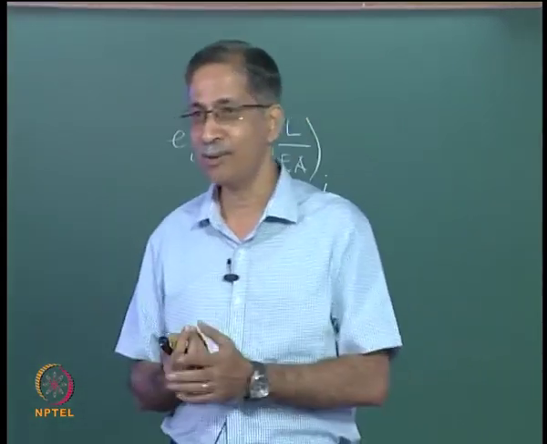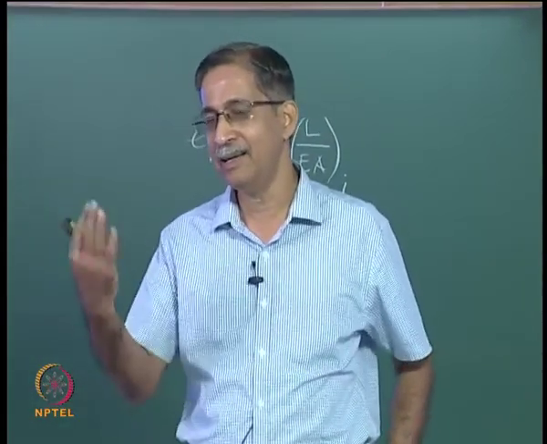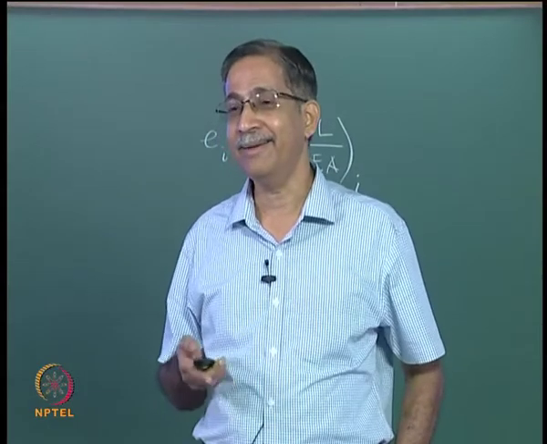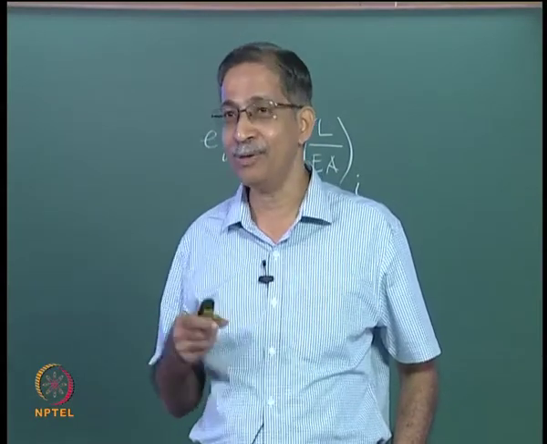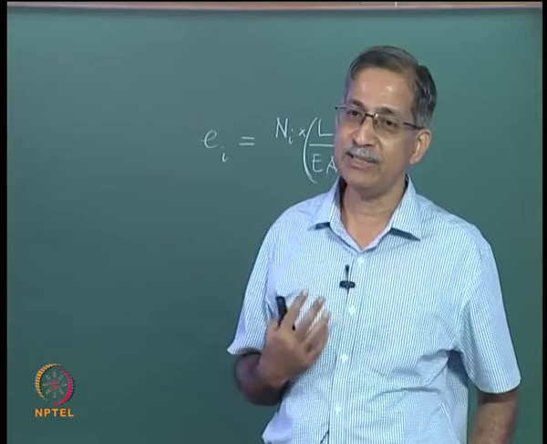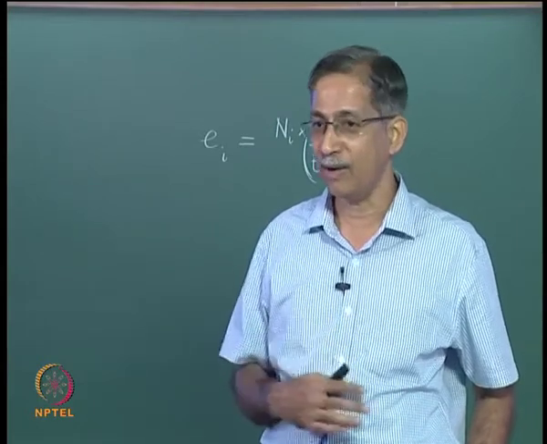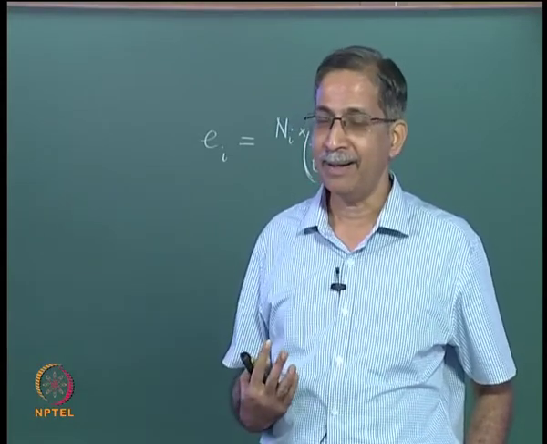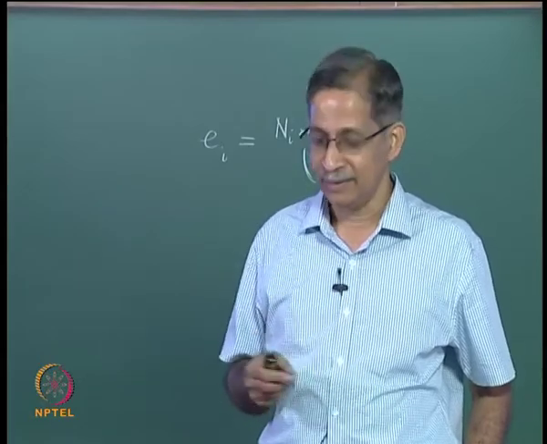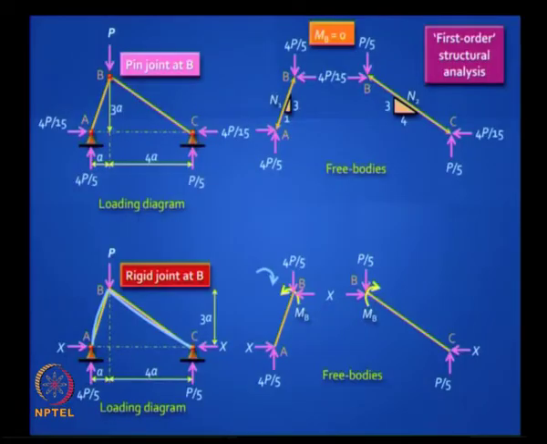So what is the conclusion that you draw from this little exercise? Though the rigid joint has the potential to transmit a bending moment across the joint, in this particular instance that bending moment cannot be transferred, it just won't work out, the bending moment is actually going to be 0.